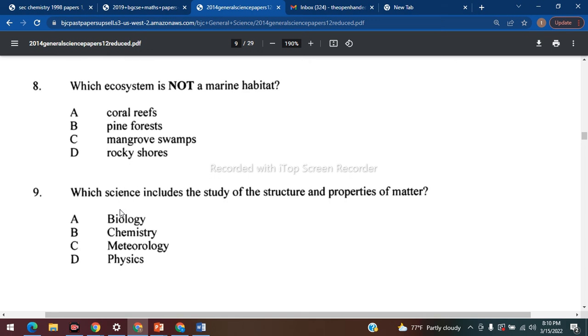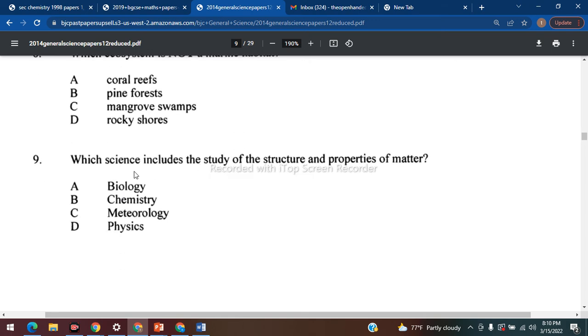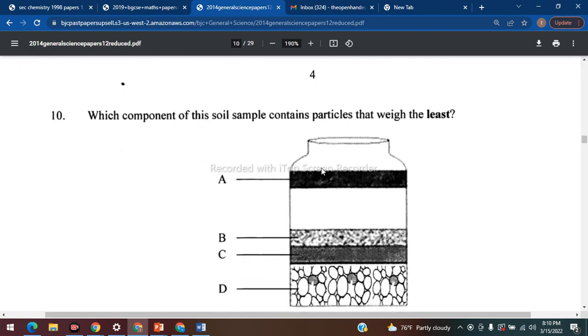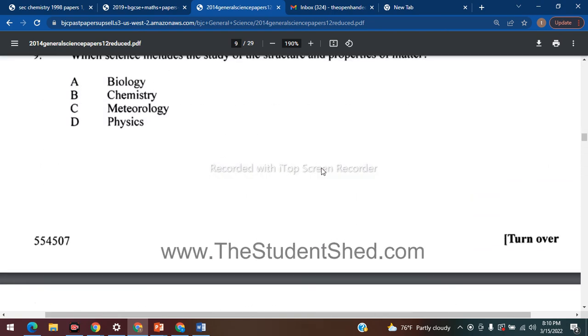Which science includes the study of the structure and the properties of matter? I believe physics. No, chemistry. The study of the structure and properties of matter is chemistry. Number 10. Physics is numbers, right?